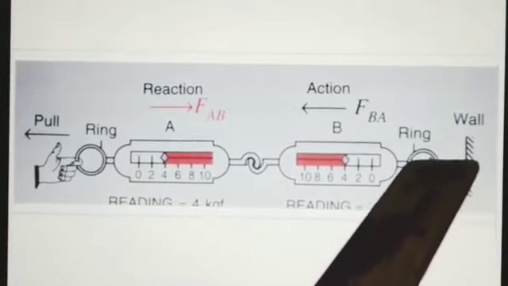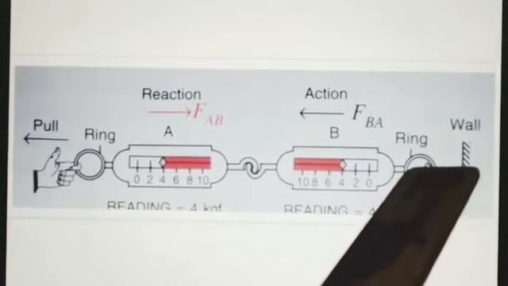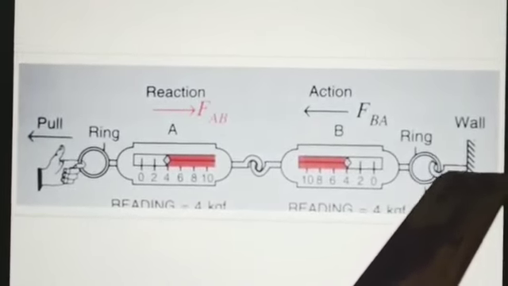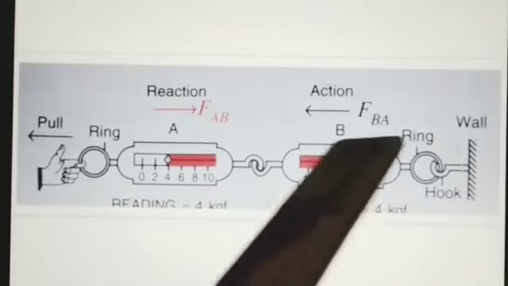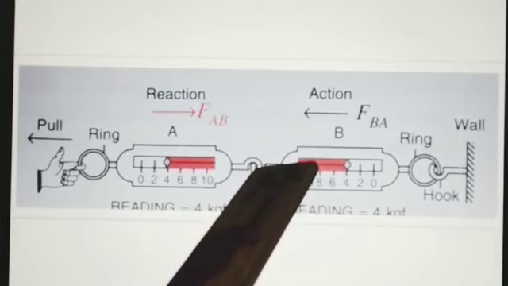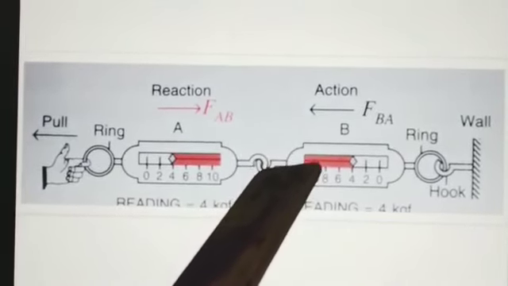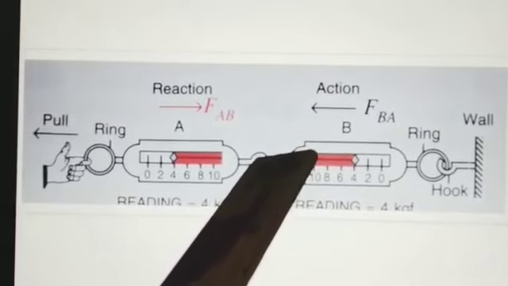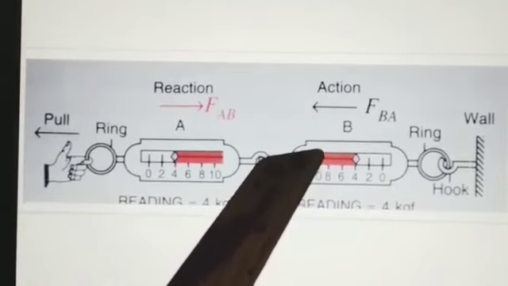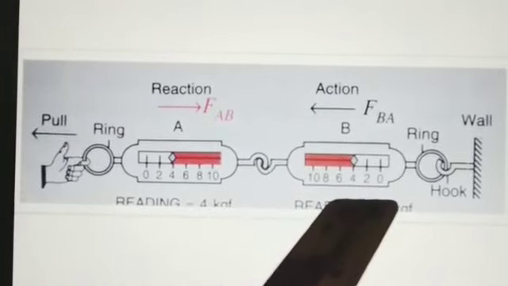This is the ring of spring balance B, which is put on this hook. Then this is the hook of spring balance B, and this is the hook of spring balance A. Both are attached with each other. You can see everything in the diagram.